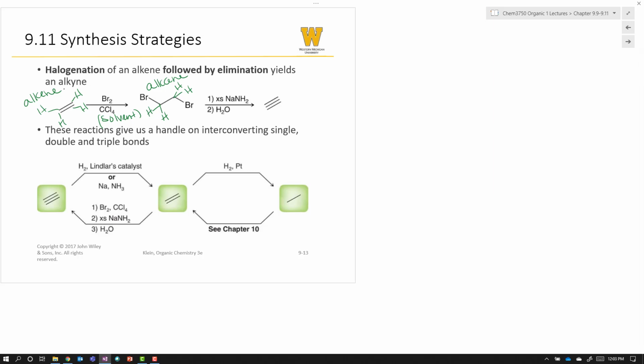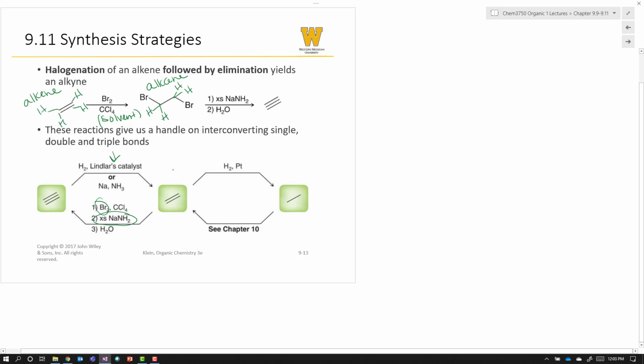And so this just summarizes that. You have your hydrogenation with a poison catalyst, or your dissolving metal in ammonia. That will bring you to the alkene. To do the reverse of that, you would first add in your bromination step, followed by adding in excess sodium amide and water to get to the alkyne.